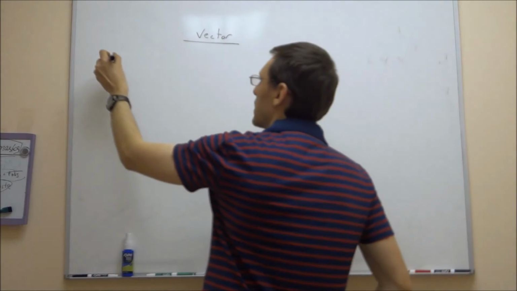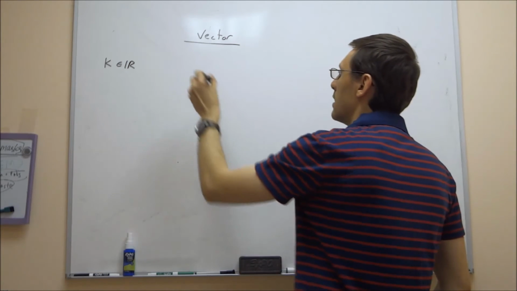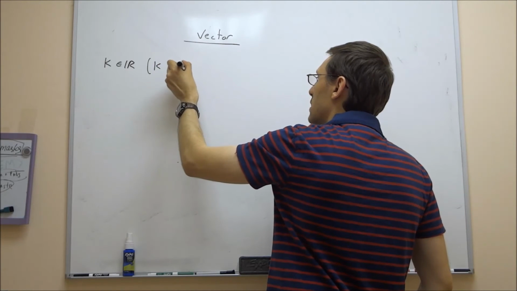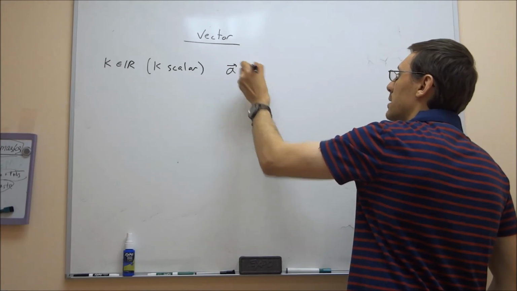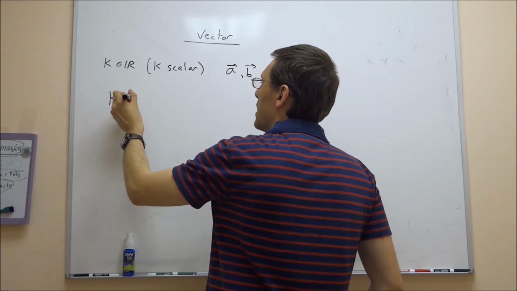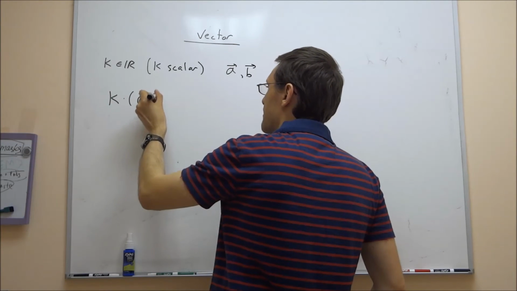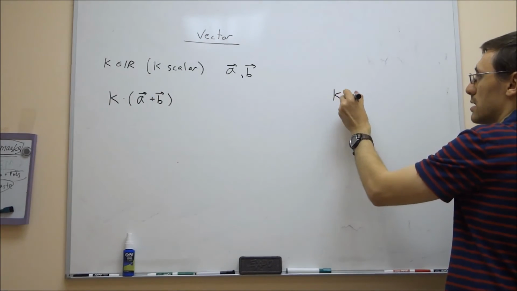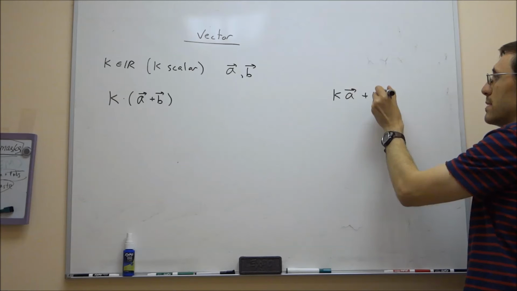So, for instance, suppose that we have a scalar k, and you have two vectors A and a vector B. So then what can you say about the vector k times A plus B? And what can you say about the distributive property? In other words, that's what we're trying to establish. What can you say about k times A plus k times B?